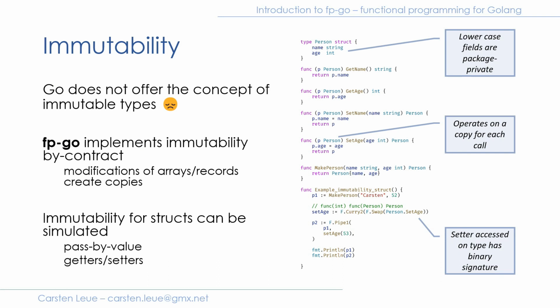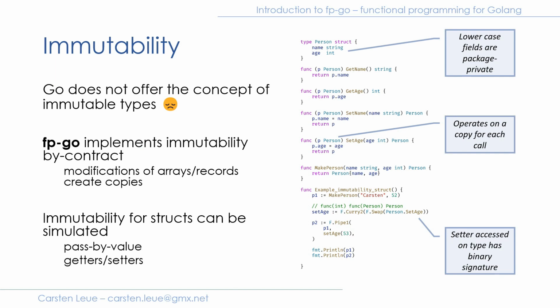So if you write an associated function, like a getter for a particular field on a data structure, in this case, the getName, and we pass the struct itself not as a pointer, but as the object itself, then Go will create a copy, and by modifying that copy, we are not modifying the original value. So this is already a good way to be able to work with immutable data structures.